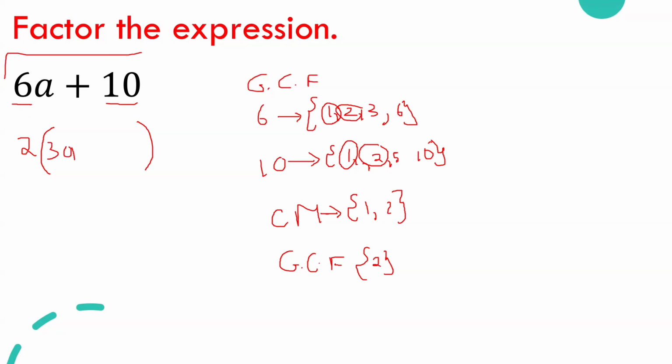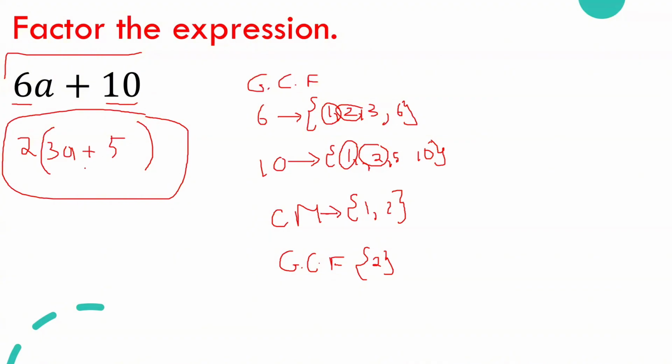How many groups of 2 are there in positive 10? It's going to be positive 5. 5 groups. So this is our factored expression. All right. So when you factorize 6a plus 10, this is what you get: 2 times the sum of 3a and 5.